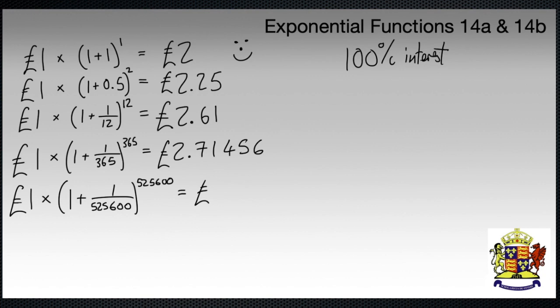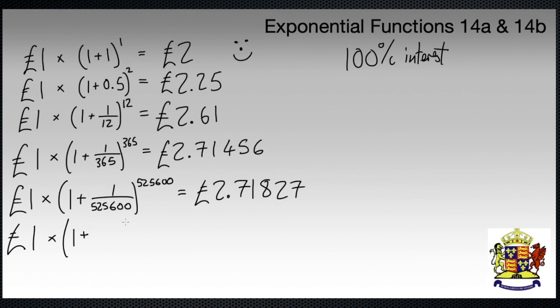So 1 times 1 plus 1 over 525,600, to the power of that. Okay, I get 2.71827. Let's go even more silly. Let's just do one more step. Every second. So 525,600 times by 60, so per second.